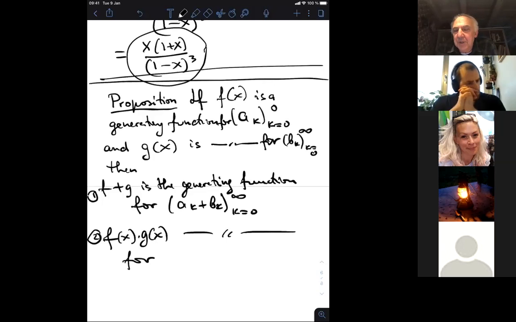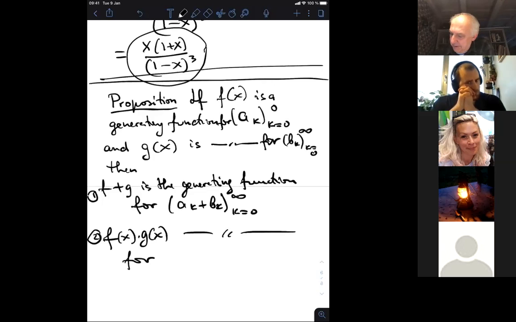If we multiply two power series, what would be the coefficient in the product? The powers are added to one another. Like if you take x to the power of 5 times x to the power of 3, then you get x to the power of 8. So 5 plus 3 equals 8.